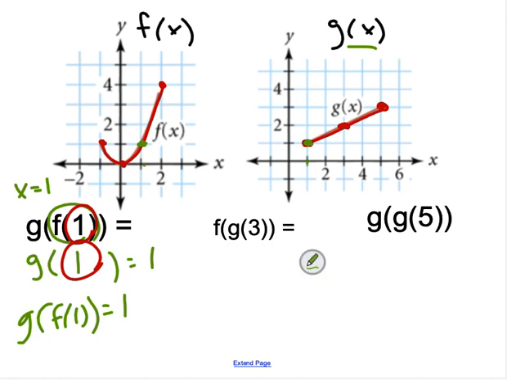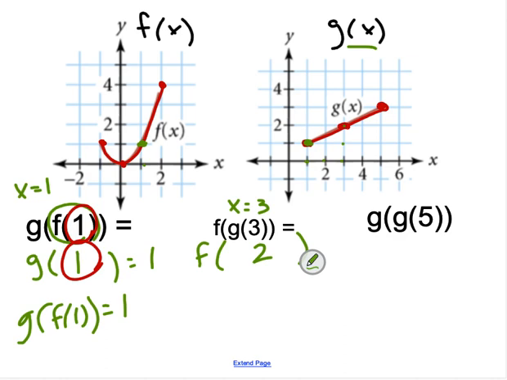All right, how about f of g of 3? I'm going to put the f with the parentheses so I don't forget I have to do it. But to find g of 3, well, now x is 3. We're going to look at the g of x graph. So what's going on? When x is 3 on the g of x graph, our y value is 2. So g of 3 equals 2. So now to finish this problem, it's saying we'll find f of 2.